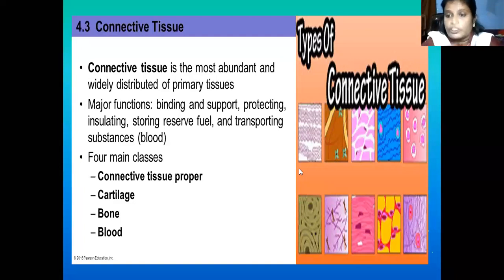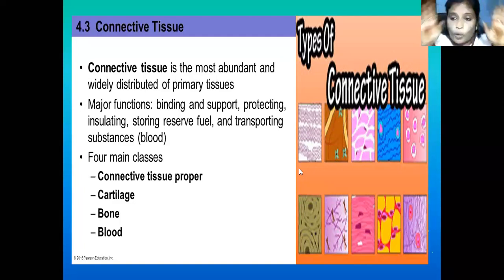The connective tissue is one of the primary tissues and it is distributed all through your internal body. The major functions of connective tissue are binding and support, protecting, insulating, storing reserve fuel, and transporting substances.